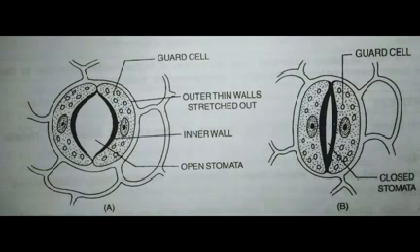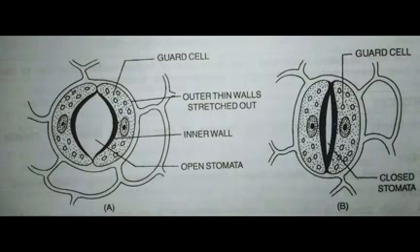Now we'll come to our main point, that is the transport system in plants. In plants, the transport of water and minerals from the roots to all other parts of the plant takes place through xylem. There is continuous absorption of water and minerals from the soil by the root cells.